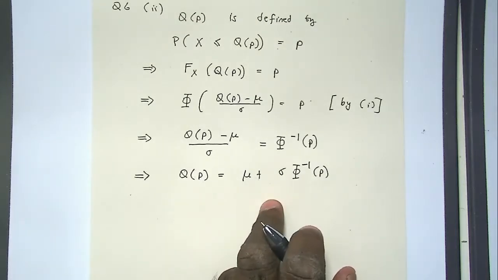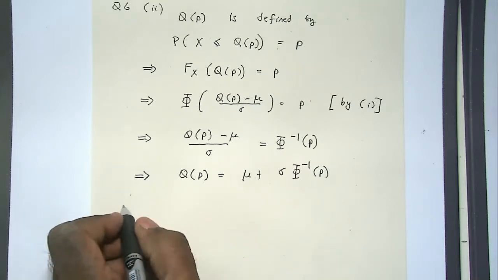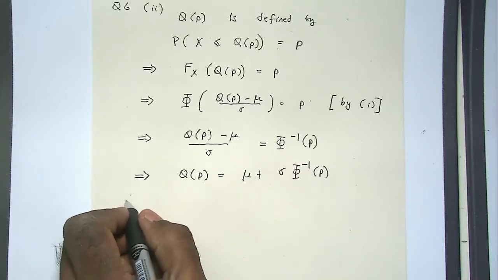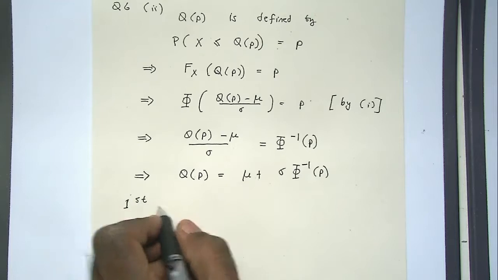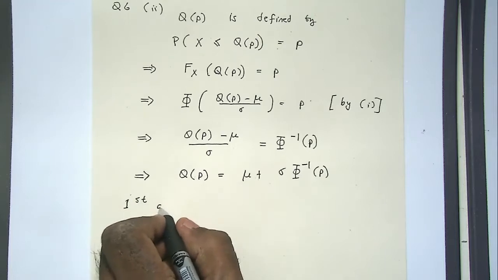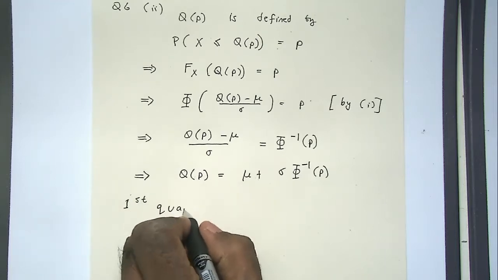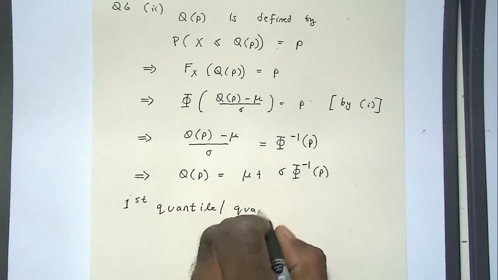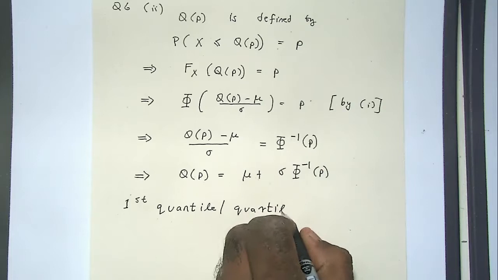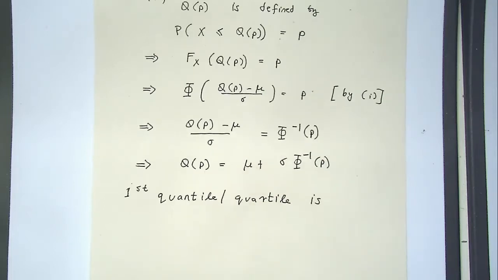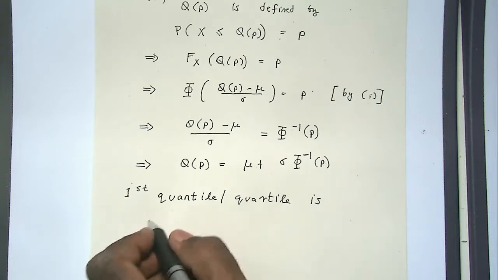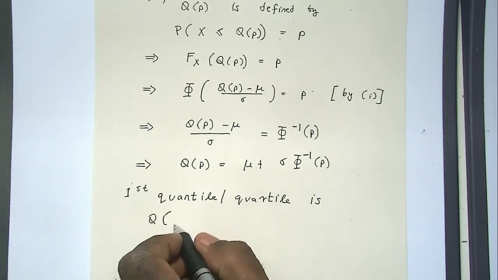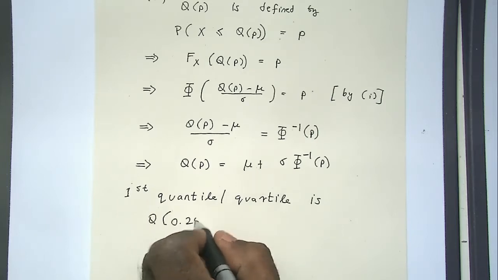Now you may recall the first quartile. Do you remember the formula for the first quartile? I talked about this 2 weeks ago. What's the formula for the first quartile? Q at 0.25, exactly.